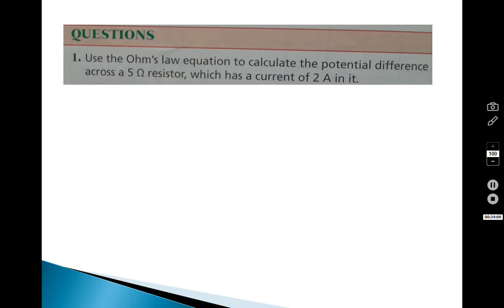I will give you like 1 minute to think about it. Solve it by yourself first.